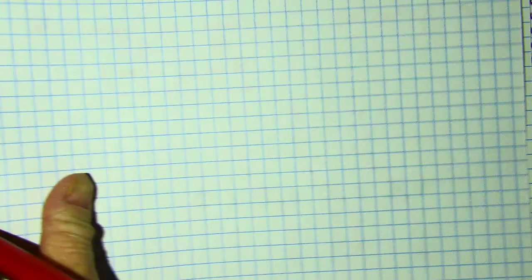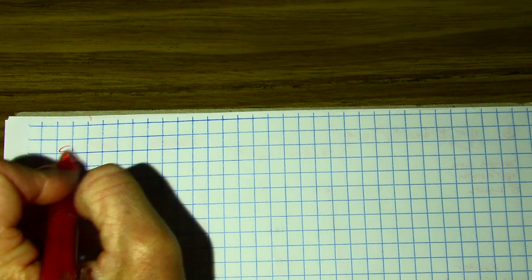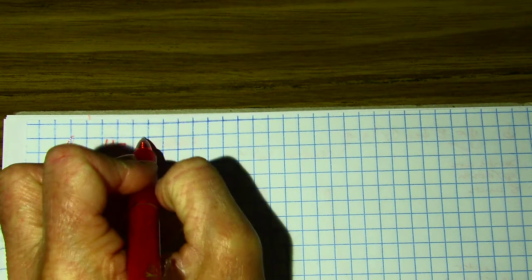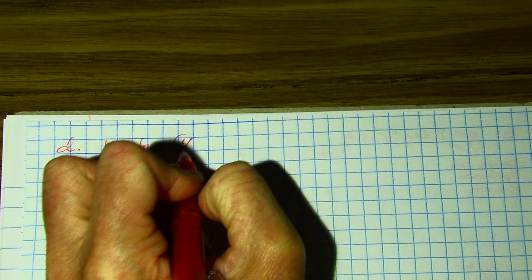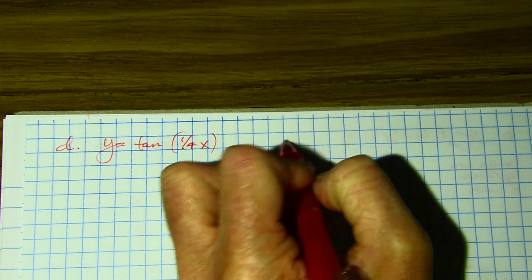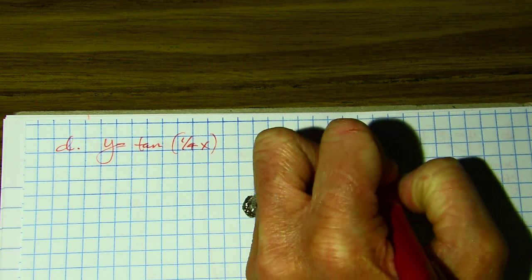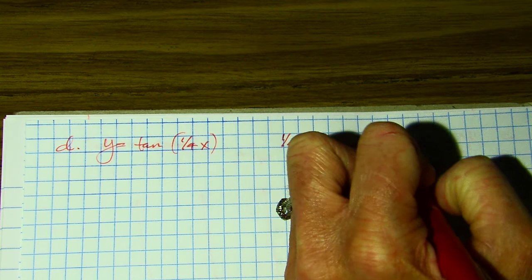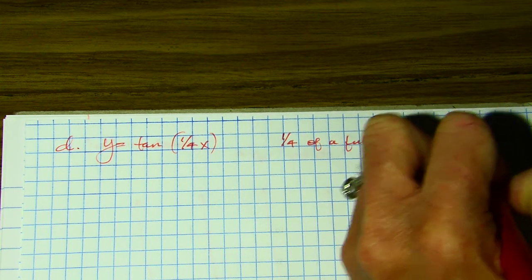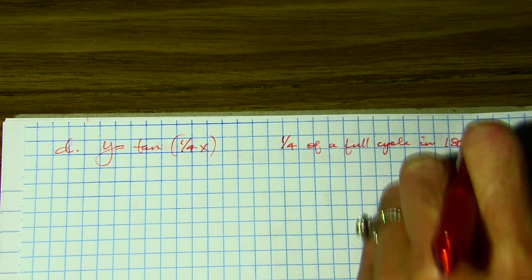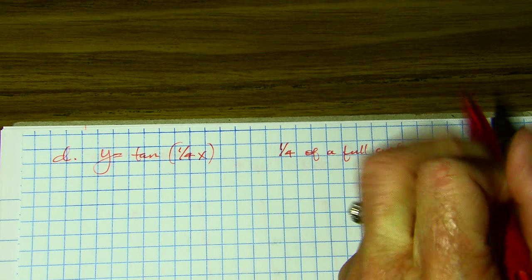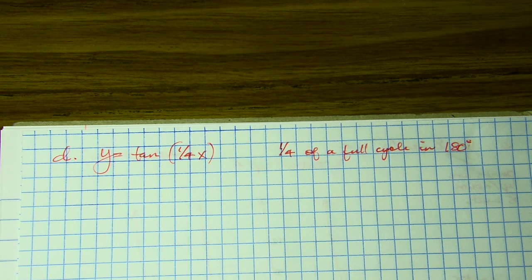We have 3 more to get lots of practice. Part D, y equals the tangent of 1/4 x. So this means there's only 1/4 of a full cycle in 180 degrees, or in pi radians.